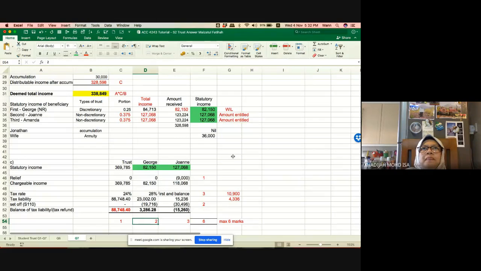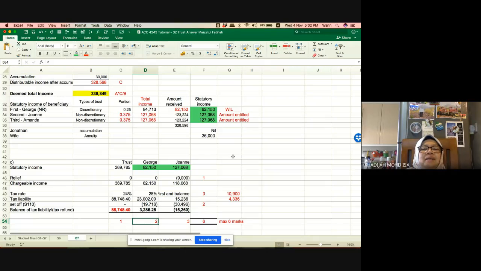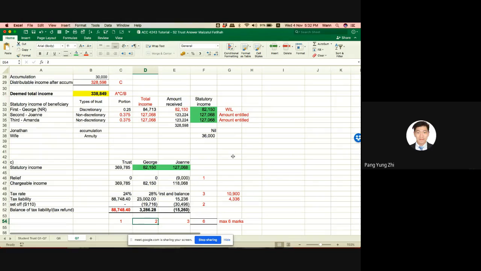Income received by the wife, assuming that they receive income from the trust for managing the trust, is still taxable on her as an employment income. Okay, thank you. But I don't put it here. We usually assess on the annuity itself. Oh, but if allowable, so 4B, right?